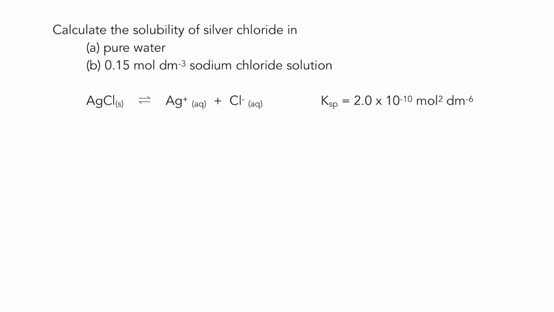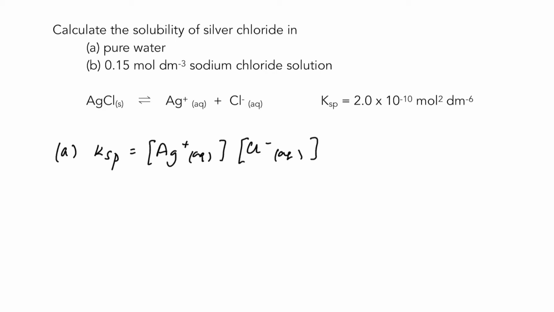Let's put some numbers to this. Calculate the solubility of silver chloride in pure water and in 0.15 mole per decimeter cubed sodium chloride solution. Okay, so the first bit is pretty straightforward. We need an expression for solubility product. Ksp is the concentration of silver ions multiplied by the concentration of the chloride ions at equilibrium.